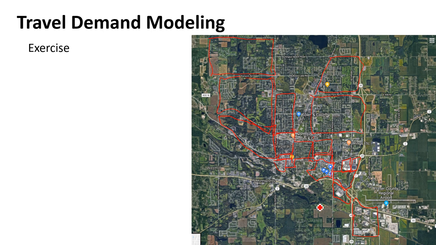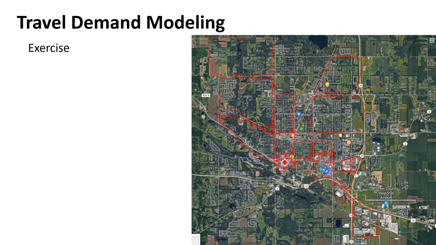If we were modeling Valpo only, we'd want a lot more zones than we showed previously when we had that regional model. So for Valpo, we could do this, and if you want an even finer resolution to know exactly where people are going, we could break these into even more pieces, and smaller zones downtown.